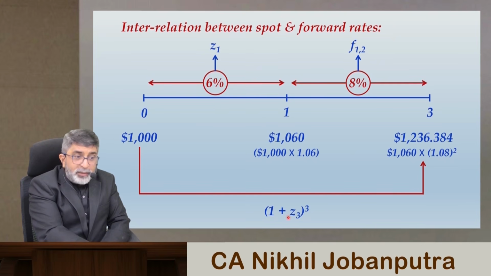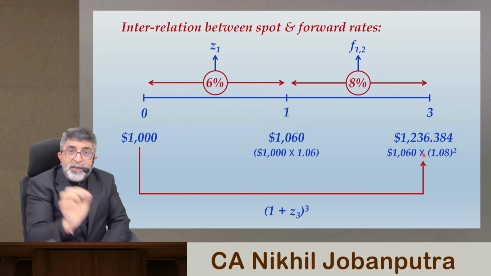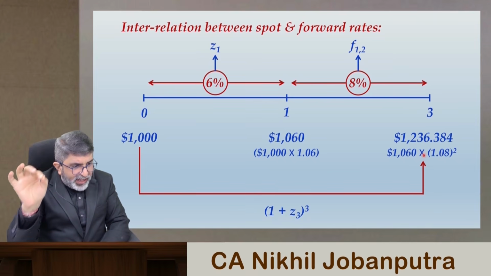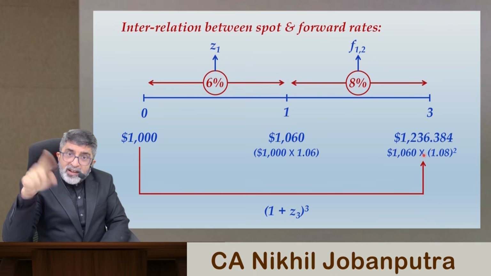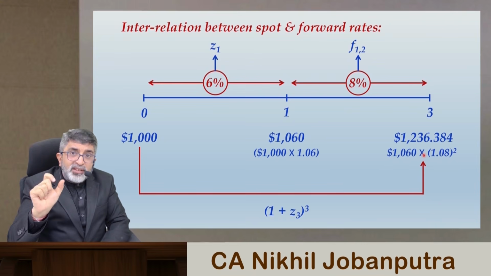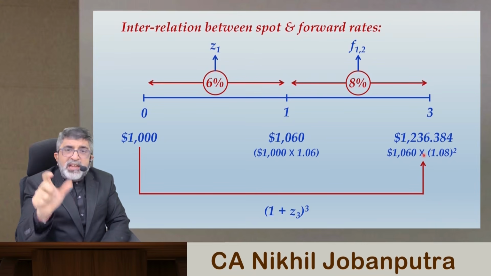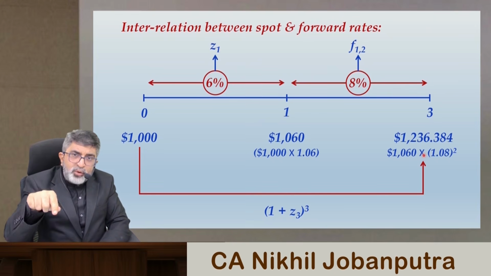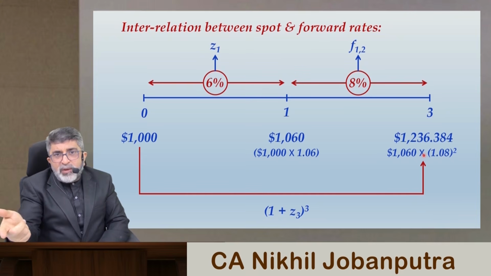So 1 plus Z3 will be the cube root of that factor, that is 1.236384 raised to 1 by 3, means cube root of that value will give you the value of 1 plus Z3. Once you get that value, subtract 1 from that and you will get the Z3 value.